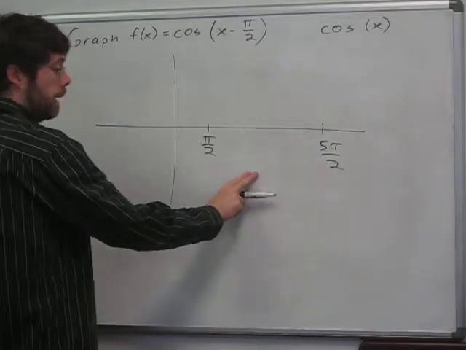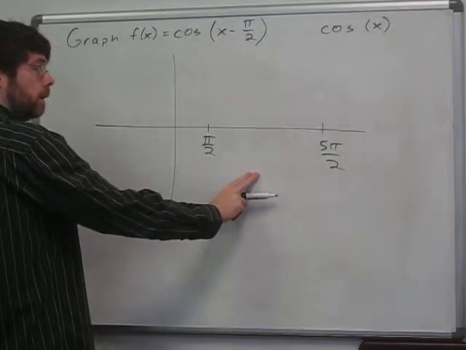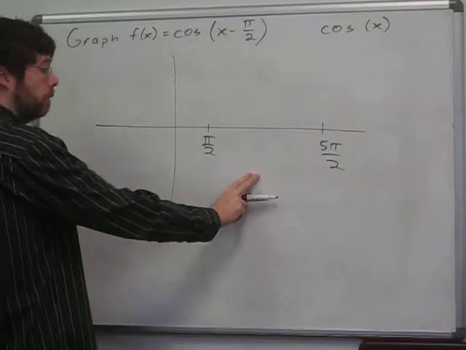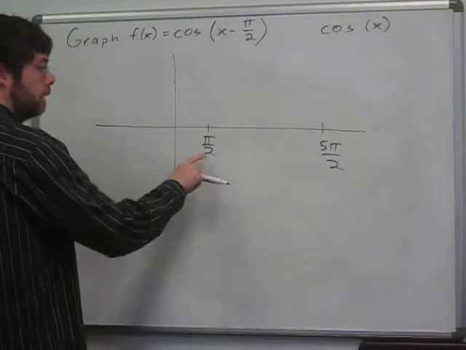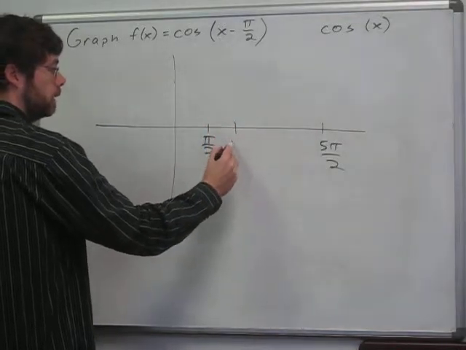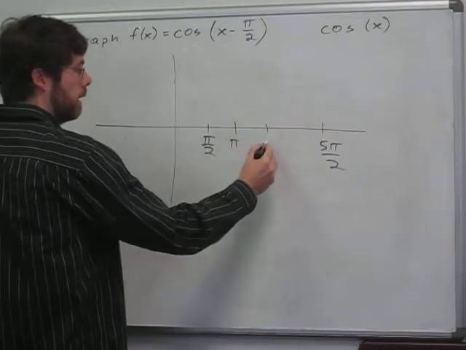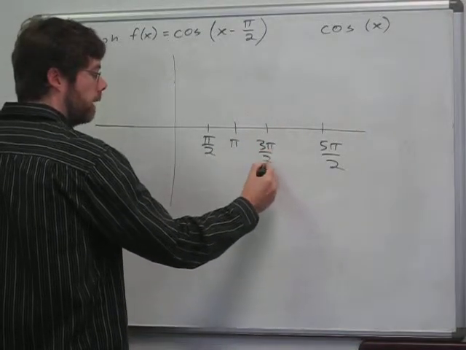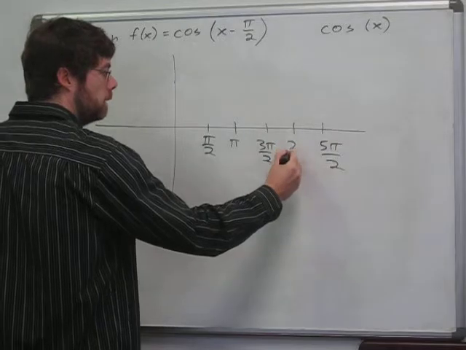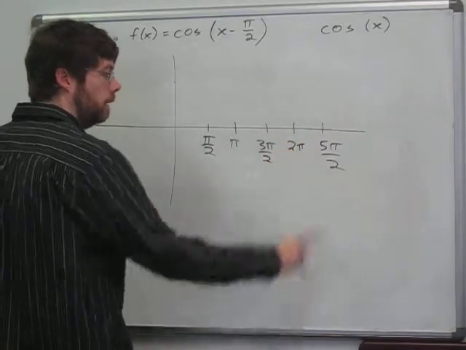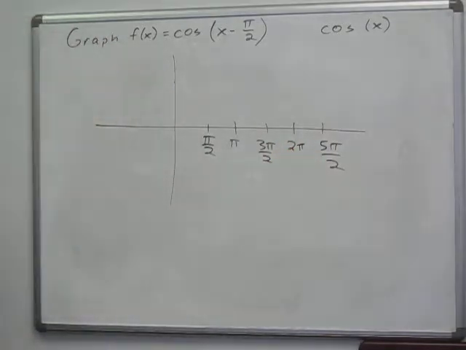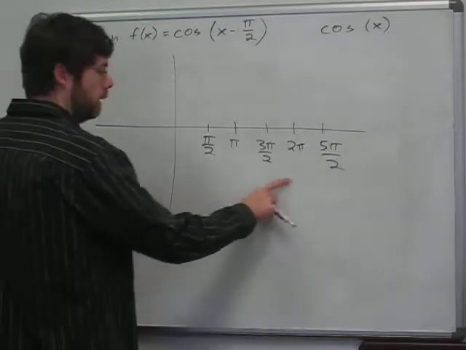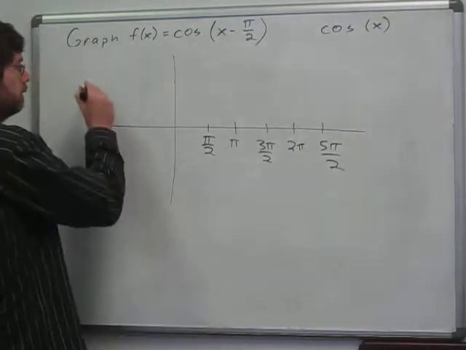The period is 2 pi, so the quarters are going to be 2 pi over 4, or pi over 2 units. So pi over 2 plus pi over 2 is pi, plus another pi over 2, 3 pi over 2, plus another pi over 2, 2 pi, and then another pi over 2 gets me to 5 pi over 2. So these are the intervals for my first cycle.